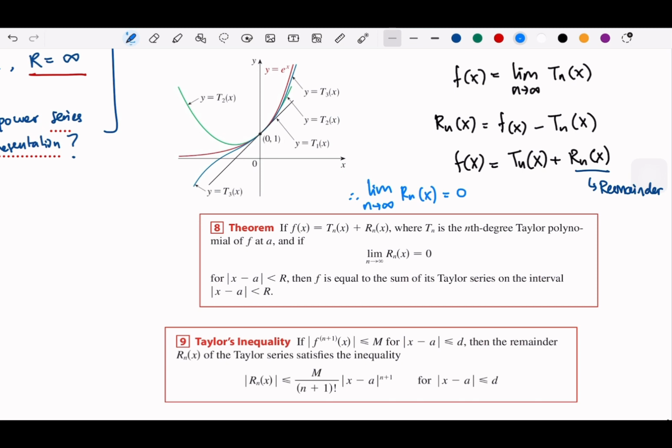For example, if it is trigonometry, maybe 1, or another number that can be compared with our R. It could be written within this inequality. So M can be any number.